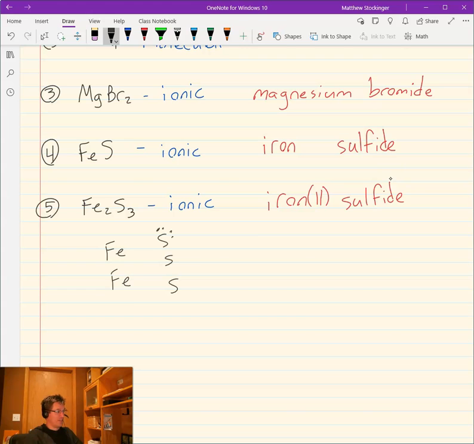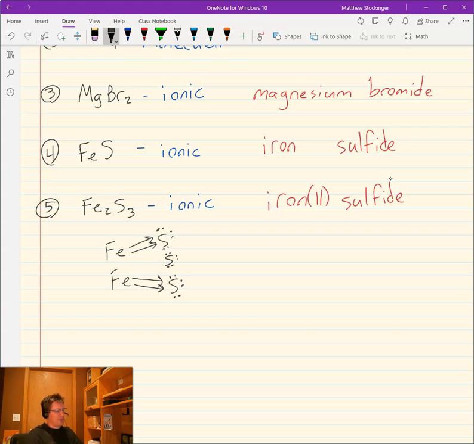So I'm going to go ahead and draw the full Lewis structure of this big thing. And you might be asking, well, how do I know that there are 3 sulfur atoms? That's right here. And how do I know that there's 2 iron atoms? That's right here. I'm drawing the whole formula as a picture. Now each one of these sulfurs is going to get 2 electrons because it needs 2 from the octet rule.